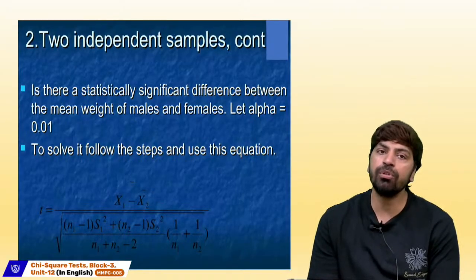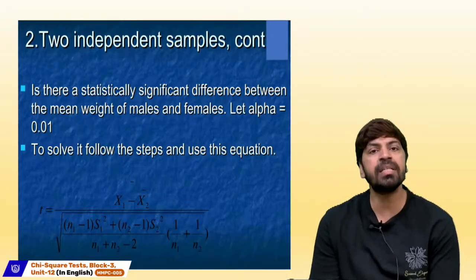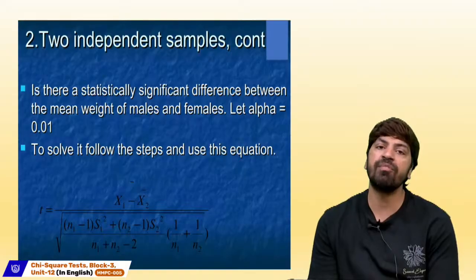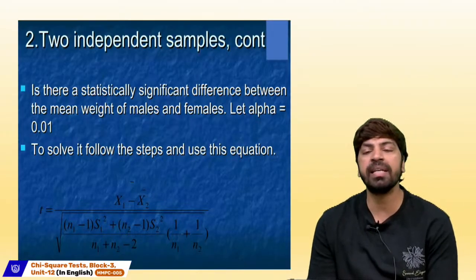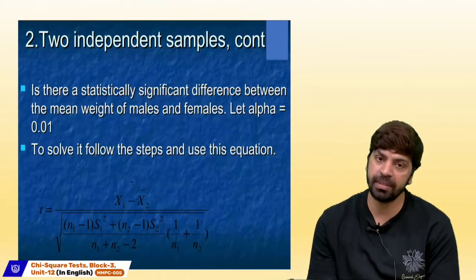In the question it is asked whether there is any statistically significant difference between the mean weight of males and females, and the alpha, that means the level of significance, is 1%.